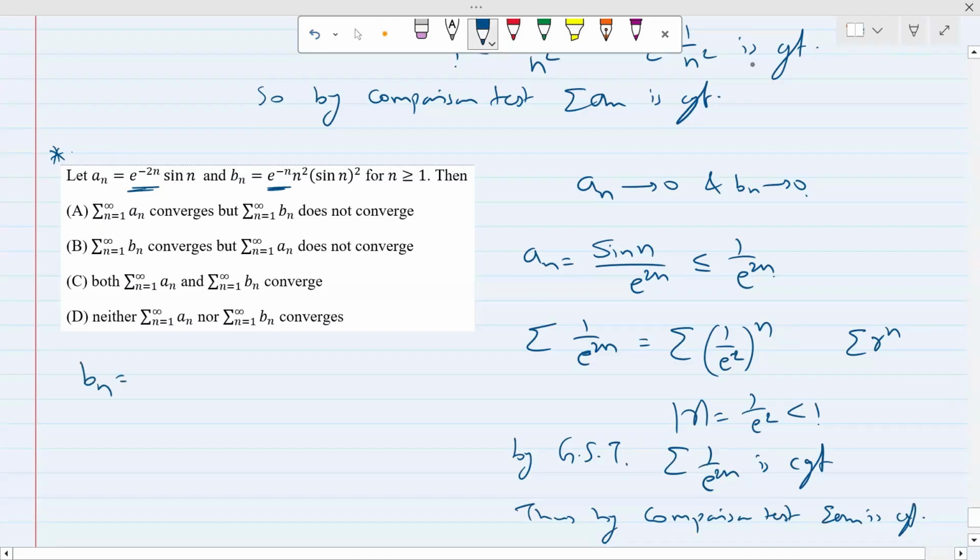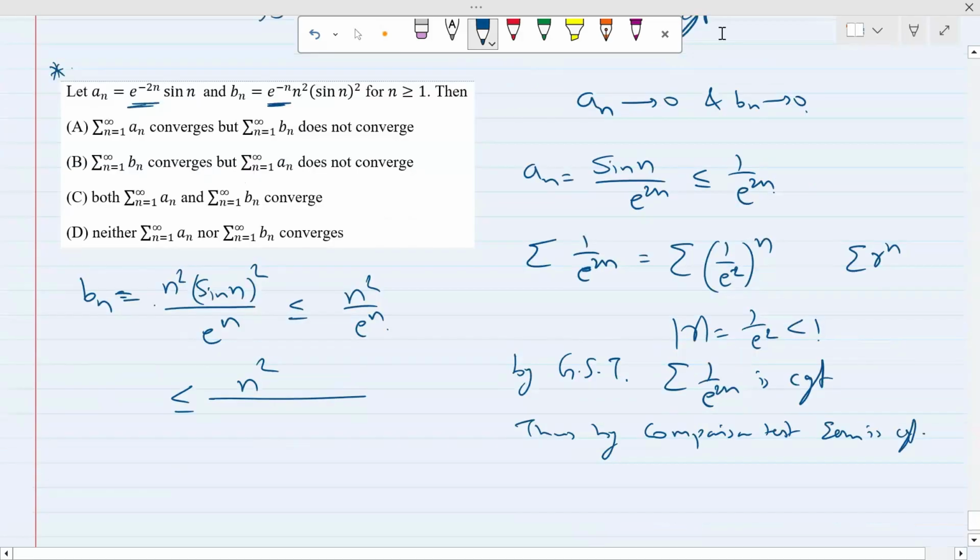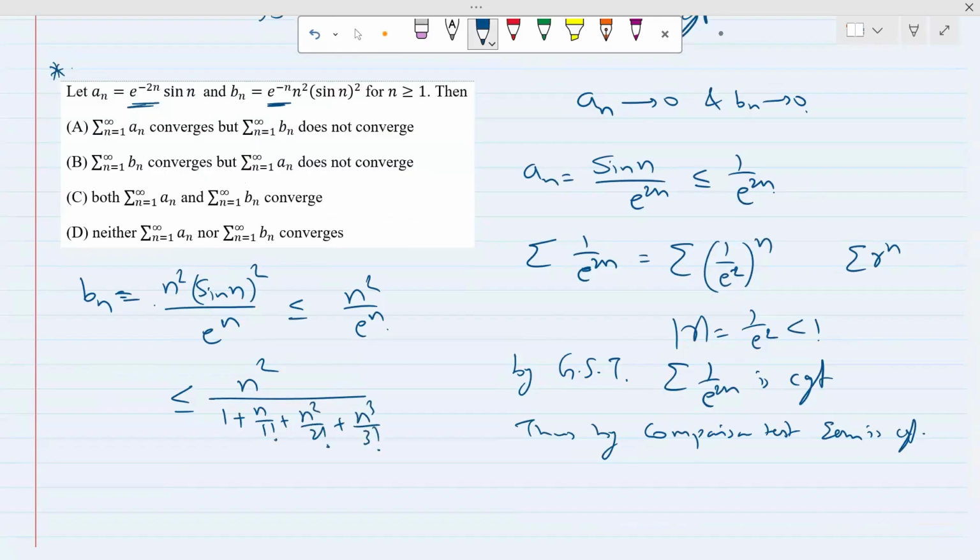What is Bn here? n square sin n whole square upon e raised to n. So this is less than or equal to n square by e raised to n. By the same logic that we applied in the previous problem, I can write the expansion of e raised to n: 1 plus n upon 1 factorial plus n square upon 2 factorial plus n cube upon 3 factorial plus... I just need to choose the correct power.